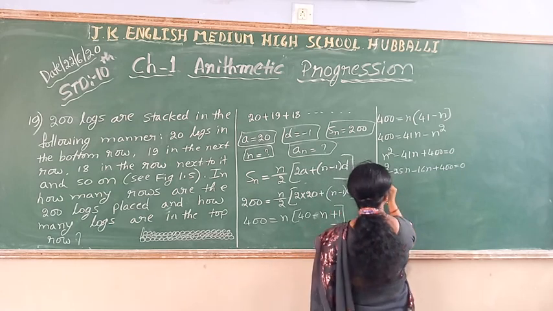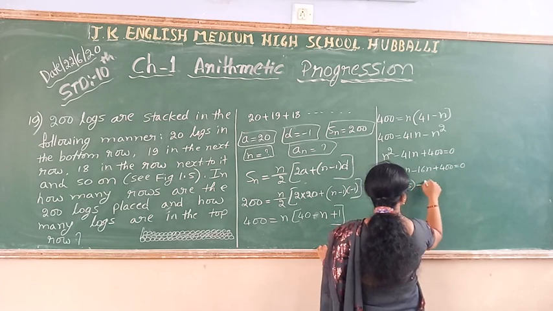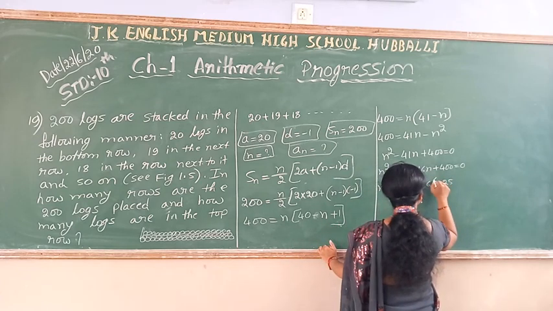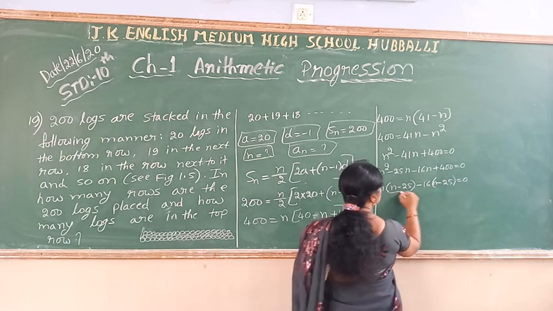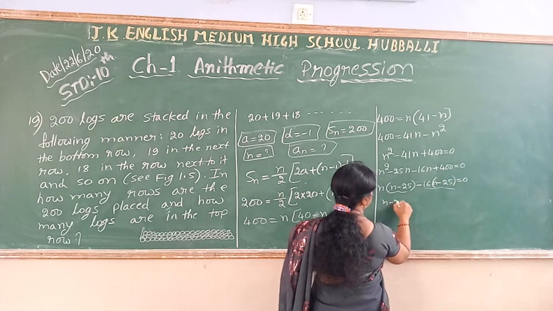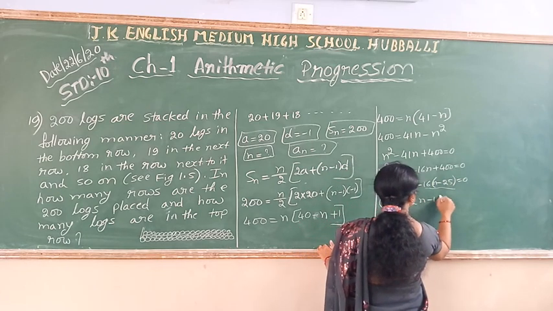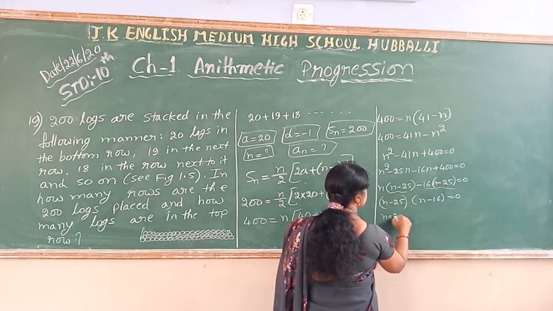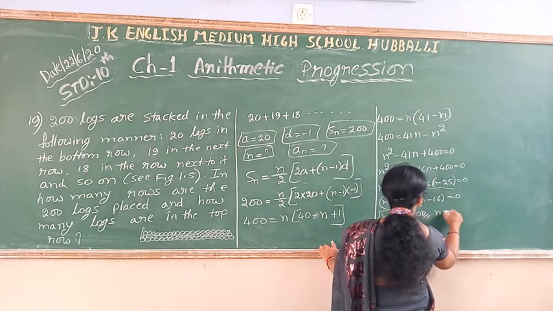Now take n common, n minus 25, take 16 common, minus 16, n minus 25 is equal to 0. Take common once again, you know already the splitting method and how to find the variable value. n minus 16 is equal to 0. Both equal to 0, n is equal to 25 and n is equal to 16.